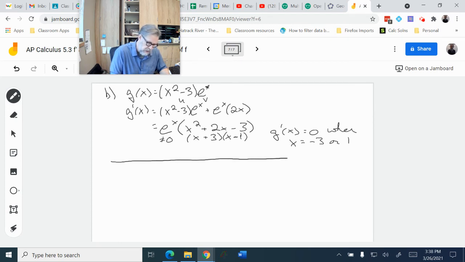Drawing my chart. Again, really, really important. Draw the chart, draw the chart, draw the chart. g of x, g prime of x, it's equal to 0 here and here.